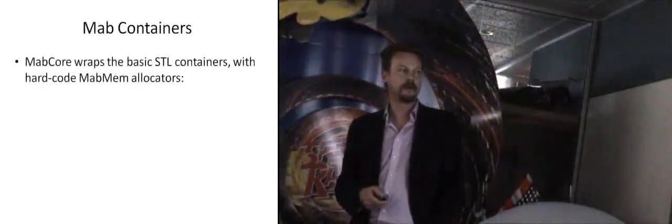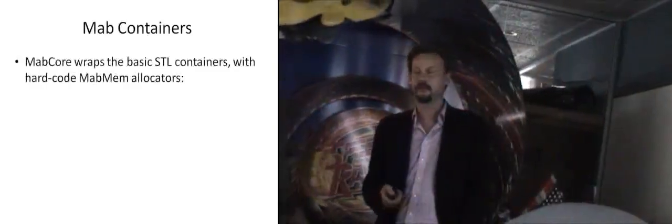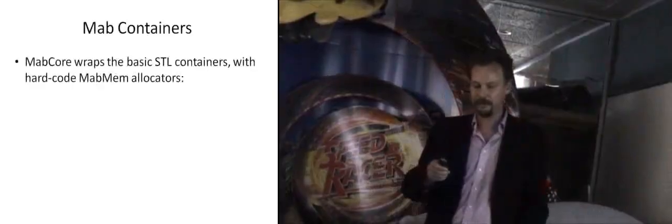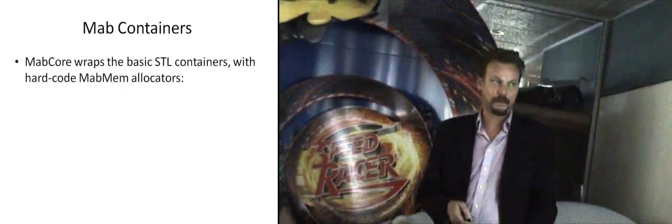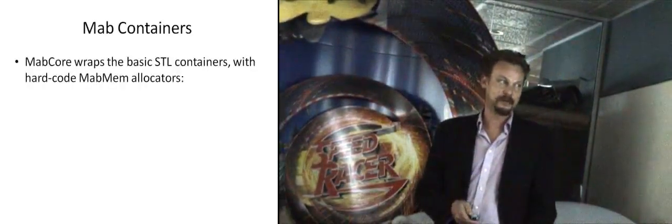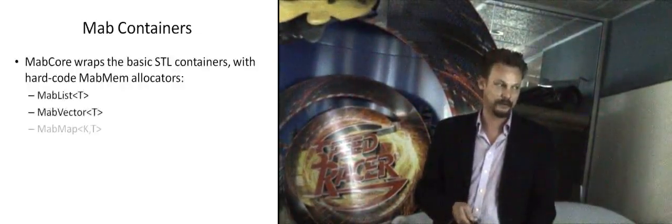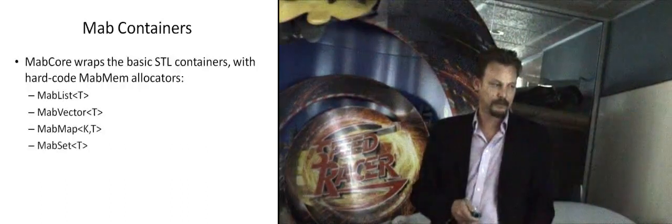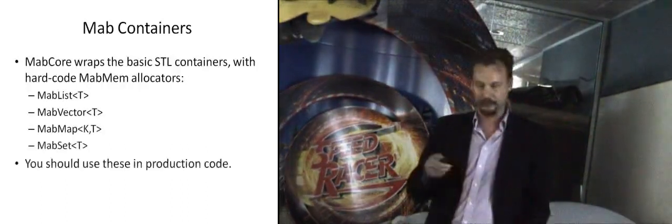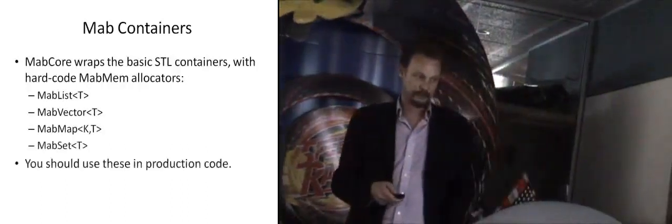Yep. And in map core, as Tom was just saying, there are the map containers which derive from the STL containers and use hard-coded map-mem allocators. So you've got map list, map vector, map set, map unordered set, and map unordered map.